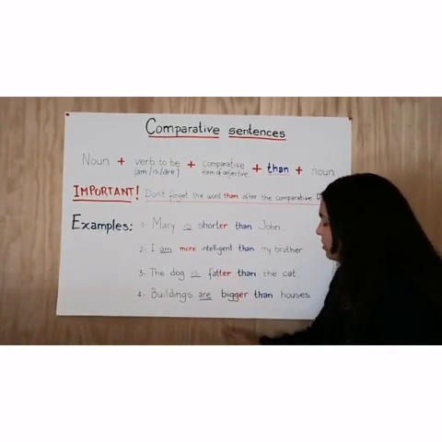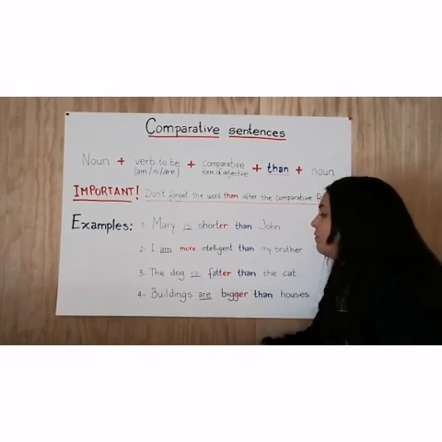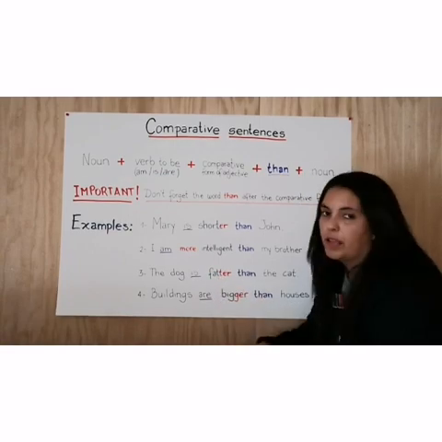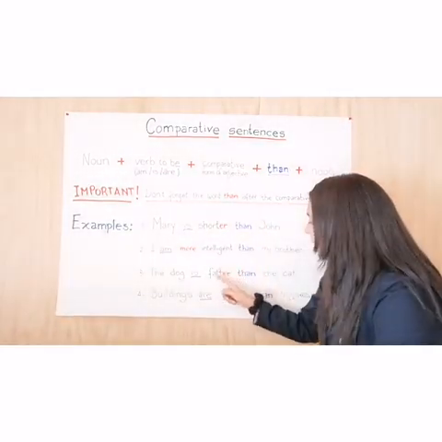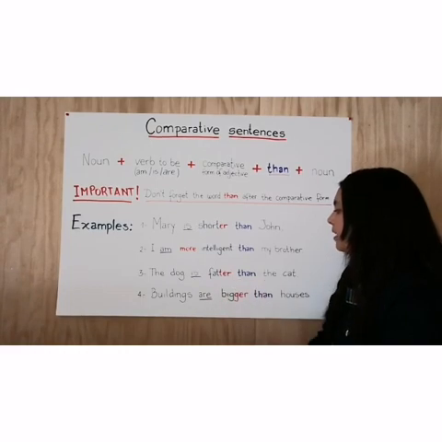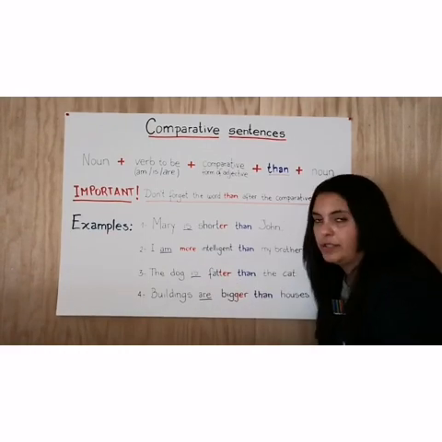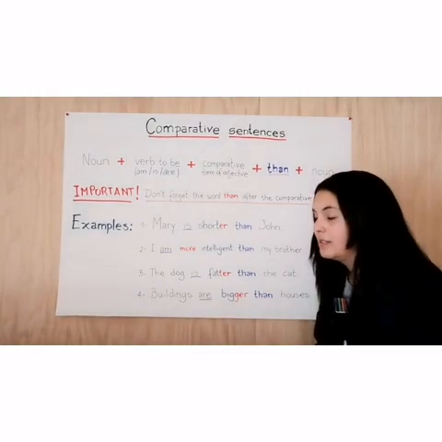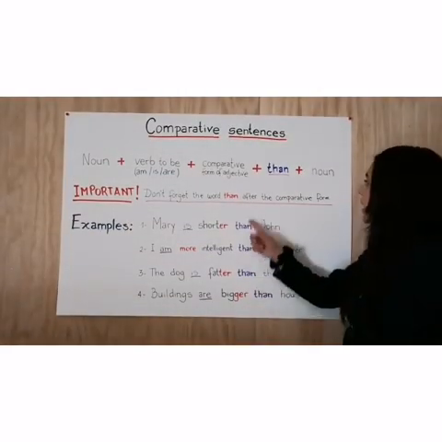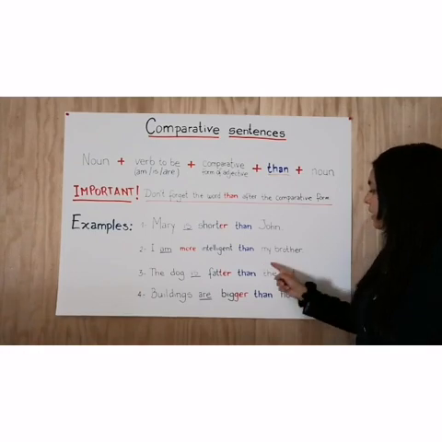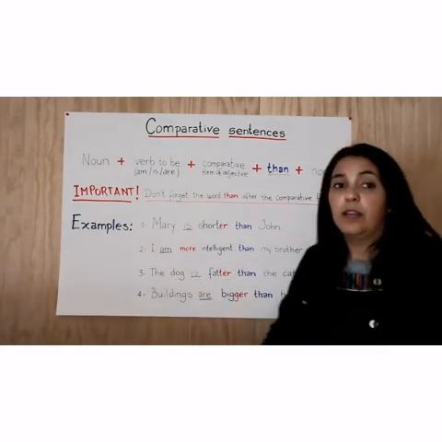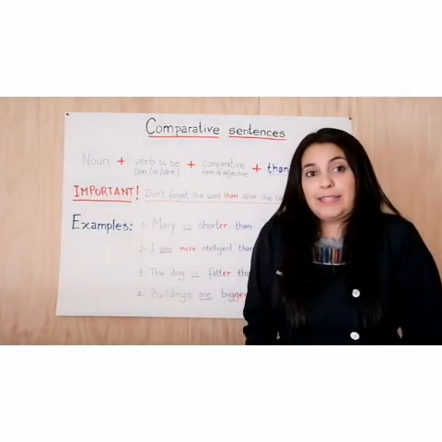The F is a consonant, the A is a vowel, and the T is a consonant. So we need to double the last consonant, that is a T, and then add ER. Fatter. Then the word than, that is very important. And the other noun, that is a cat. The dog is fatter than the cat.